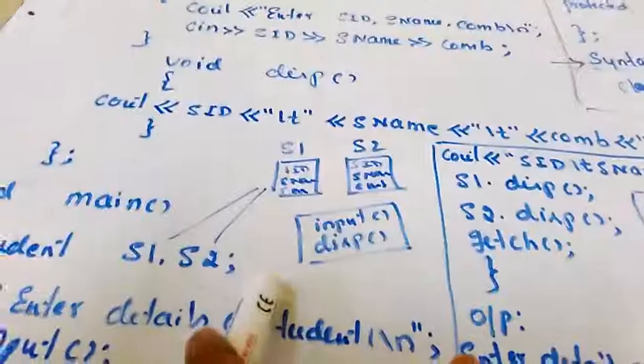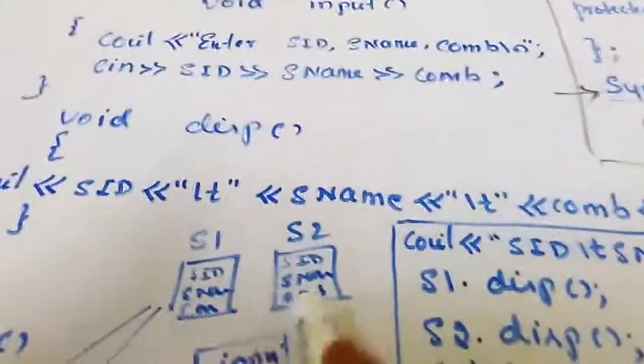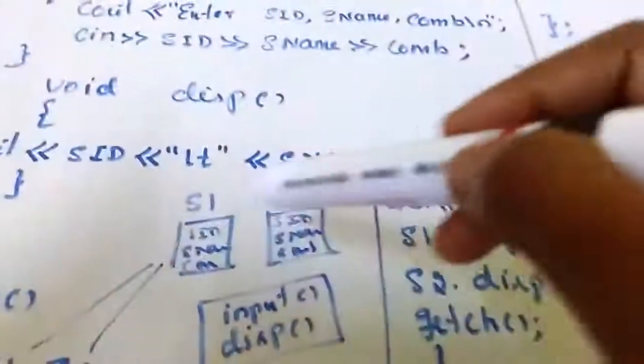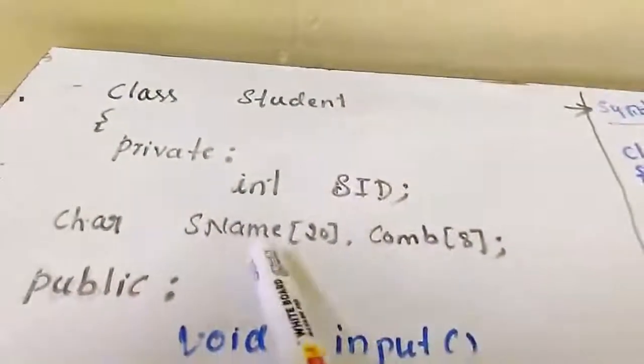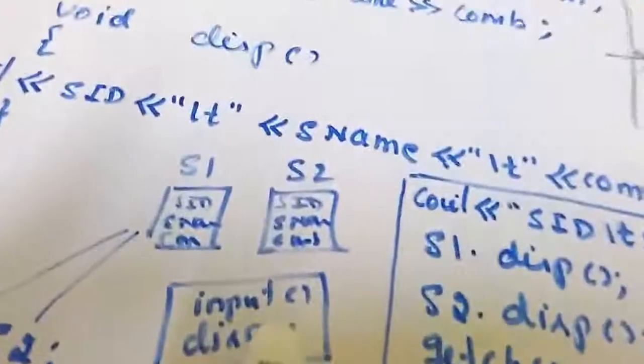Whenever we declare variables, there is a separate memory allocation for each object, but only for data members. Each object S1 and S2 has separate memory for data members SID, SName and combination. But there is only one set of memory allocation for member functions. There is no separate allocation in each object.